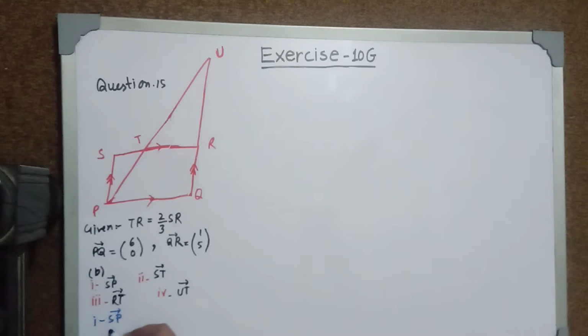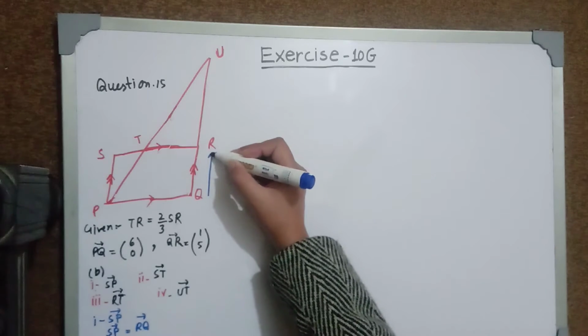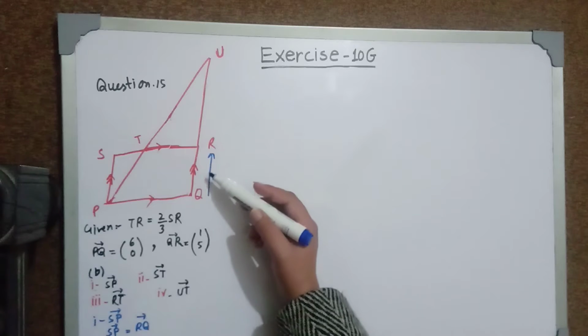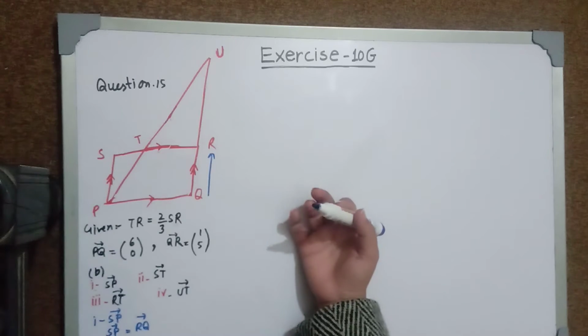So currently I'm going to write here that SP is equal to RQ. In the question they have not given you the coordinates of RQ. You are given the coordinates of QR, whose direction is this one. But if I take RQ, then RQ will be the negative of QR, because both have opposite directions.